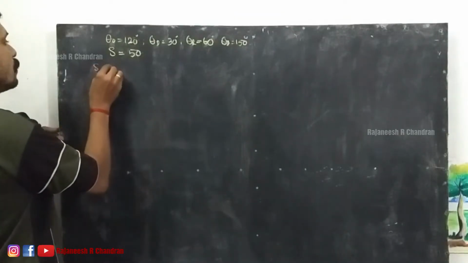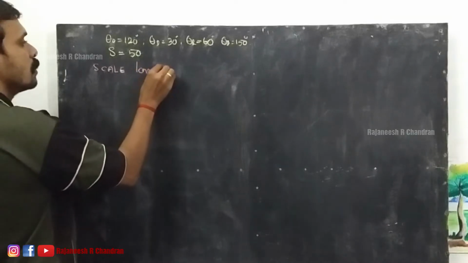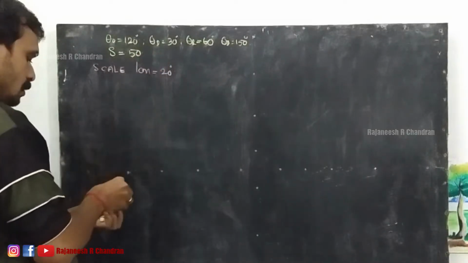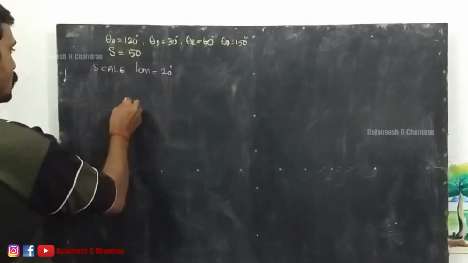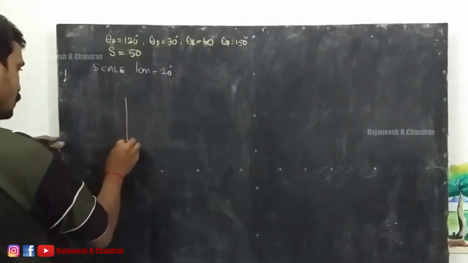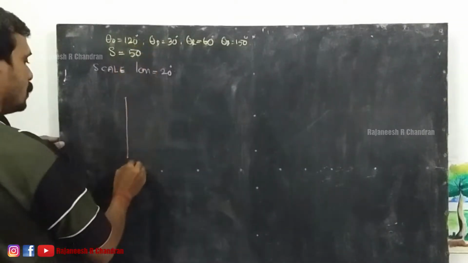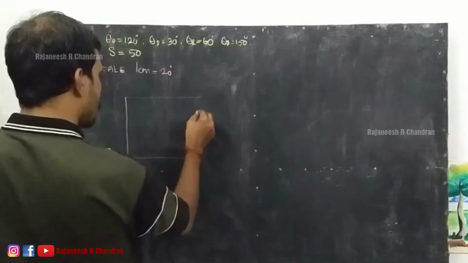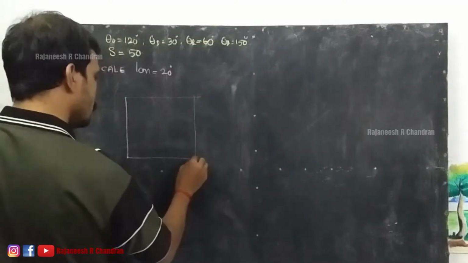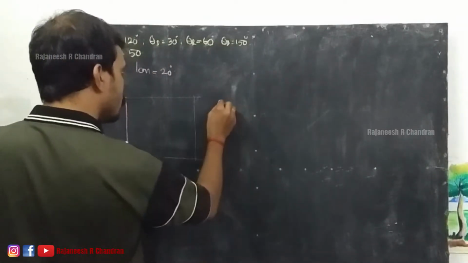So the scale for the displacement diagram is 1 centimeter equal to 20 degree. Now the height is 50 mm. 120 degree means 6 centimeter. 30 degree means 1.5 centimeter.